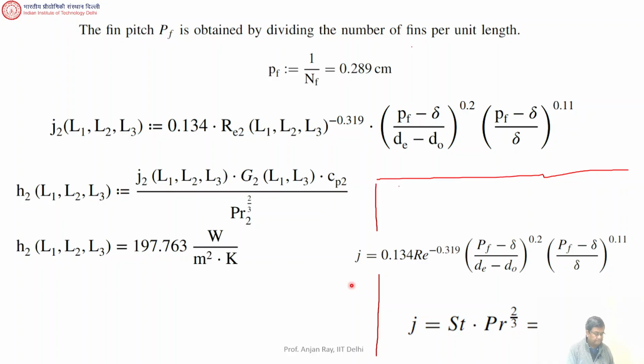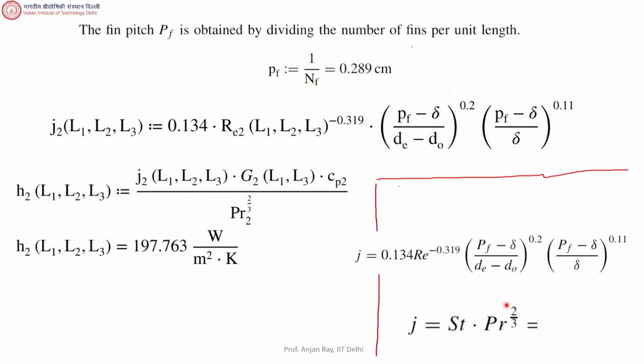And then once we got the Reynolds number, maybe we can calculate J also. J is the Colburn factor. So that J is like this. And in the notation that the book is using, it kind of looks like this, but ultimately it's this one, which we talked about. So that J depends on Reynolds number.